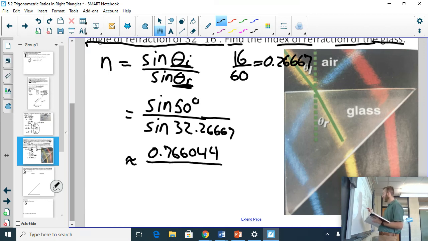It goes longer. And then on the bottom one, you will get 0.5338605. And once you punch those numbers into your calculator, that comes out to be 1.4349.